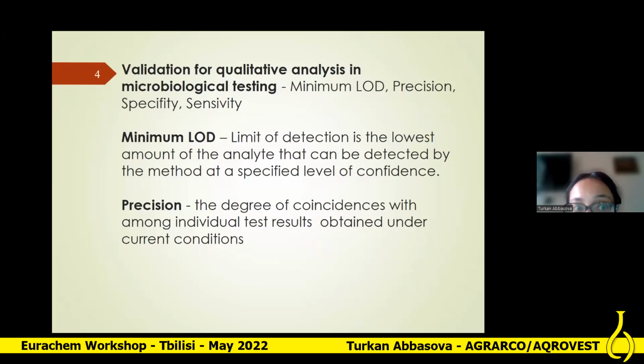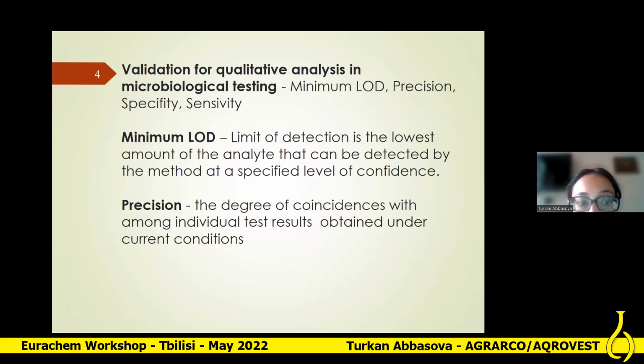Therefore, determining the minimum limit of detection is very important in this procedure. The limit of detection is the lowest amount of the analyte or culture that can be detected by the method at a specified level of confidence.